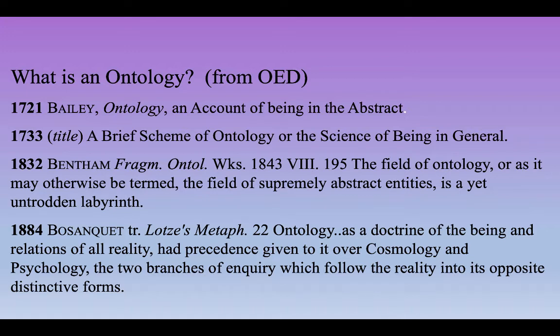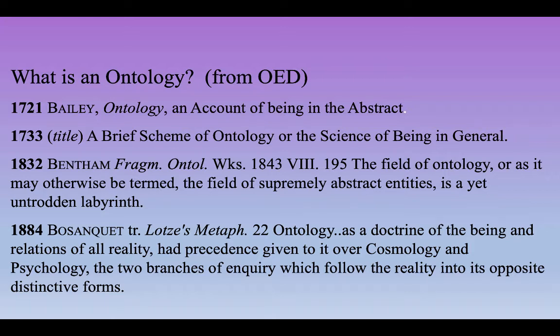And Bosanquet in 1884 said, ontology as a doctrine of being and relations of all reality had precedence given to it over cosmology and psychology, the two branches of inquiry which follow the reality into its opposite distinctive form. So I think it should be pretty obvious what ontology is by this point, right? No, but you can see that as this term is coming into the lexicon and is being used, it's this idea of understanding what things are, right?